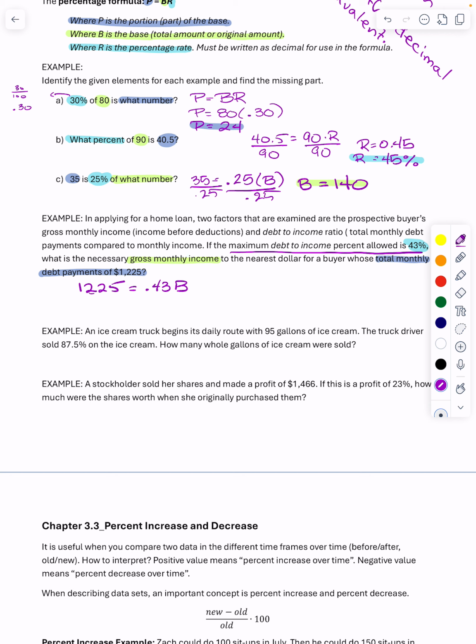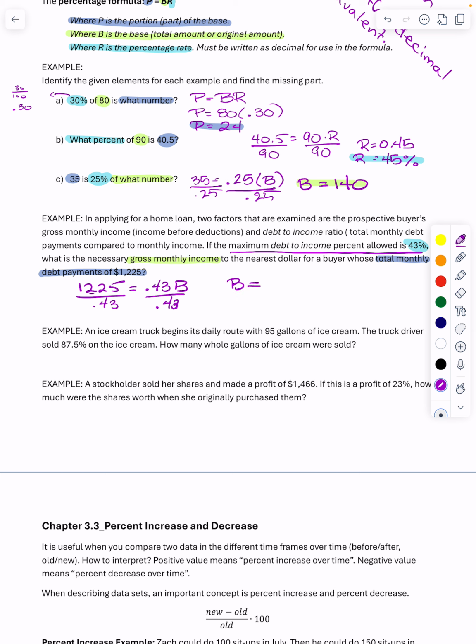So think for a minute, and notice I am automatically just converting that percentage to a decimal. Notice I am not multiplying by 43. To get B by itself, I'm dividing both sides by 0.43.